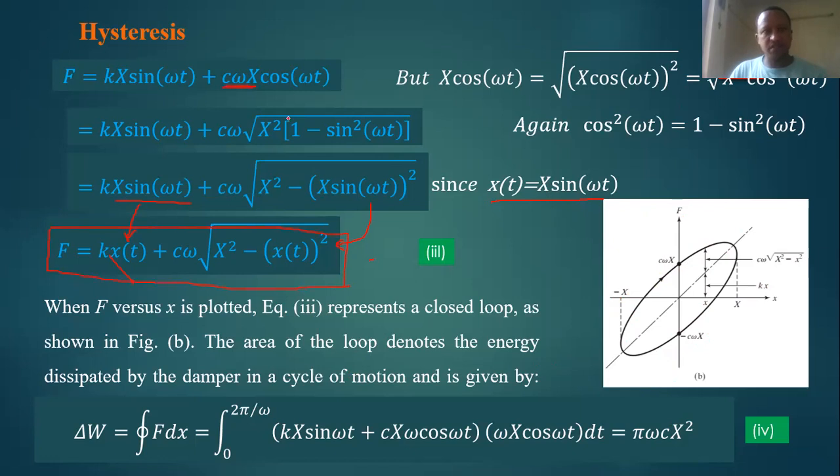On the cosine plot and on the sine or x plot we can find k, X to minus X. So these are the terms which we can easily identify. And the area of the loop denotes the energy dissipated by the damper in a cycle of motion, and is given by delta W, which is pi omega C X squared.